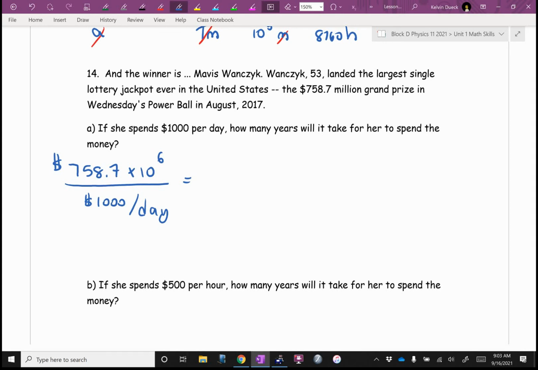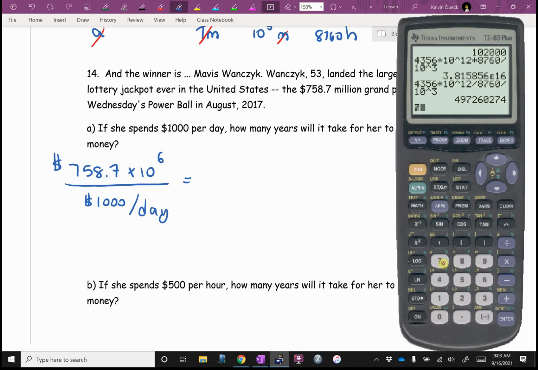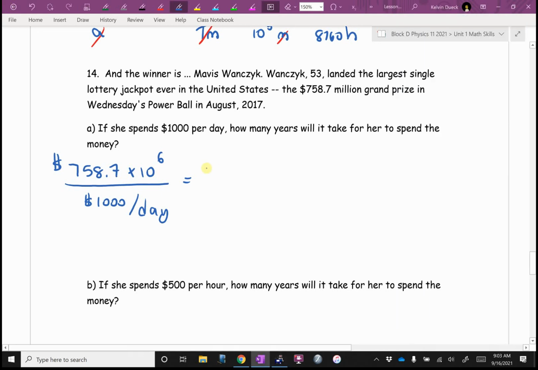That'll tell me how many days, and then we'll change days to years. 758.7 times 10 to the 6th divided by 1,000. And I get 758,700? Yes? No? Okay, so we're going to actually start out with 758,700 days.